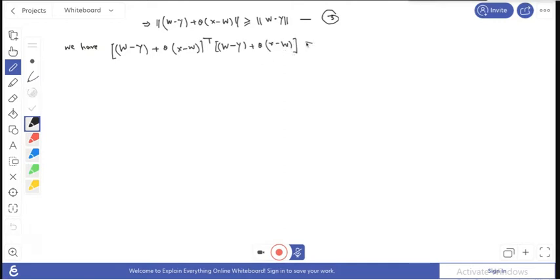This is greater than or equal to w minus y transpose times w minus y. So you can write equation 3 like this.